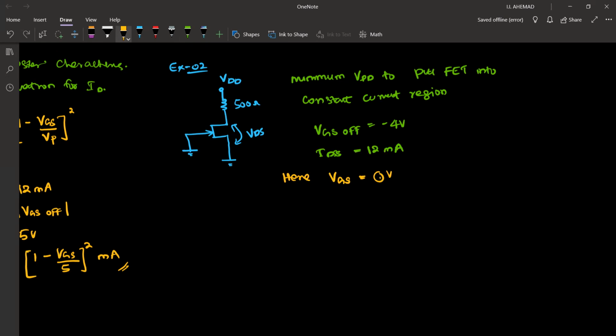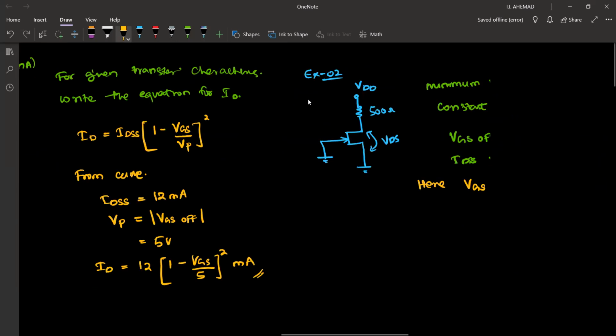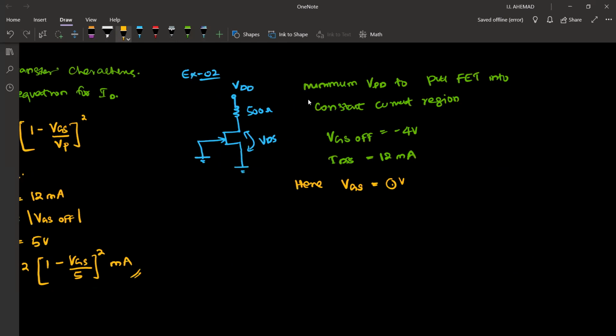So when VGS is equal to 0, for what value will this FET come into the constant current region? That is only for this maximum current, right? For this maximum current only it comes into the saturation region.